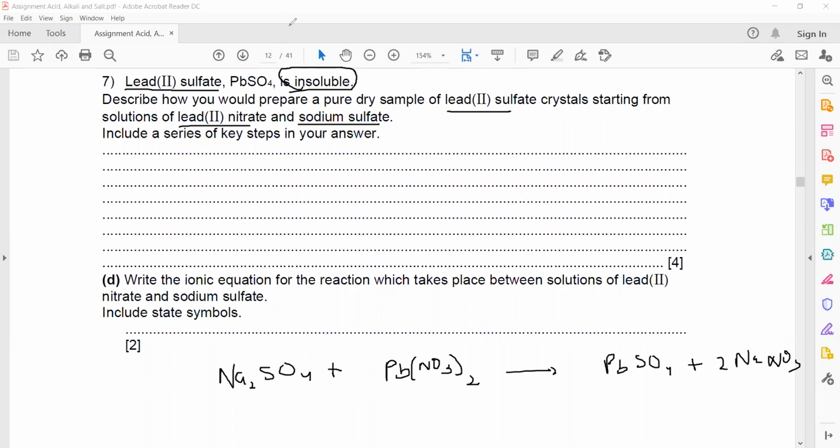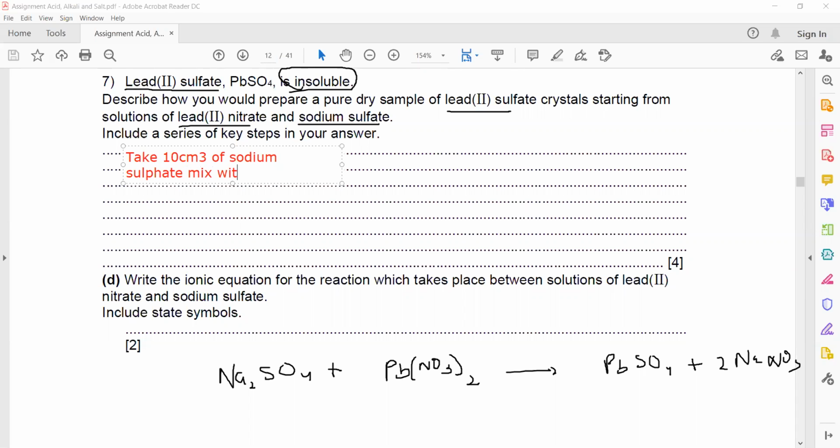So if I take 10 cm cube of sodium sulfate, how much lead nitrate should I take?